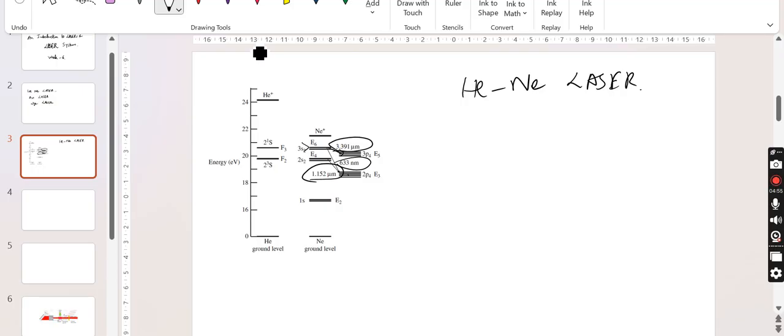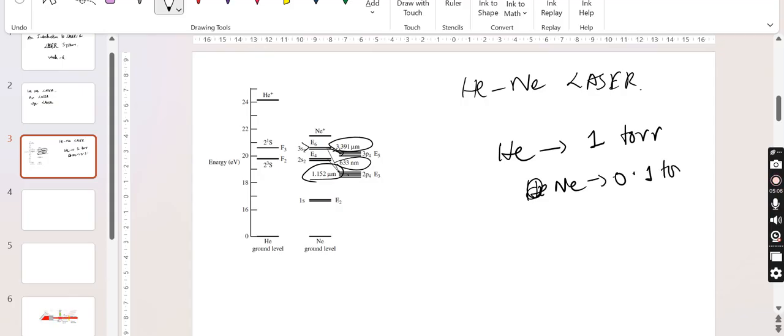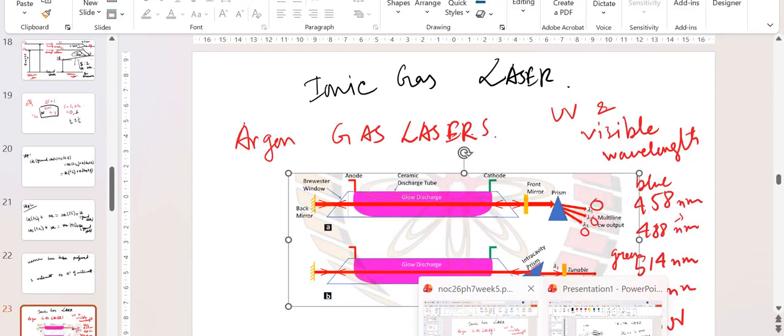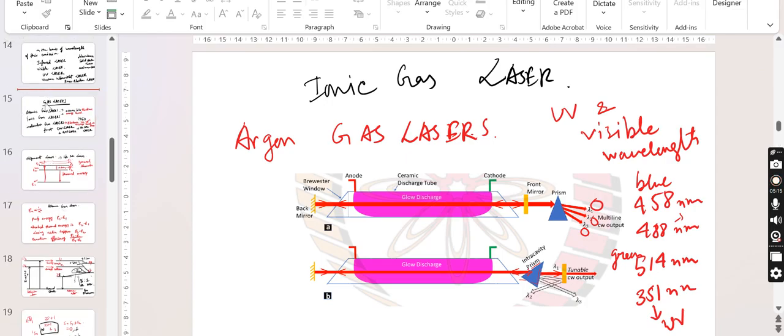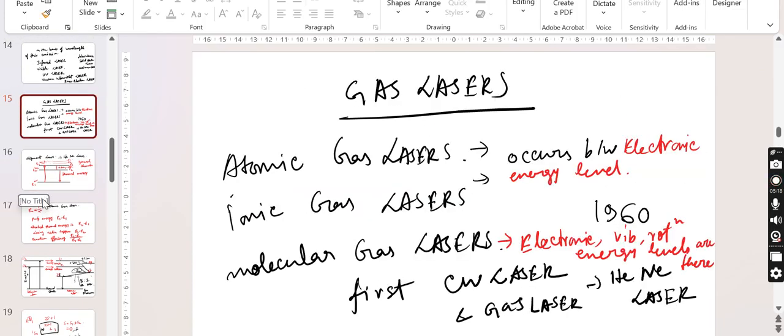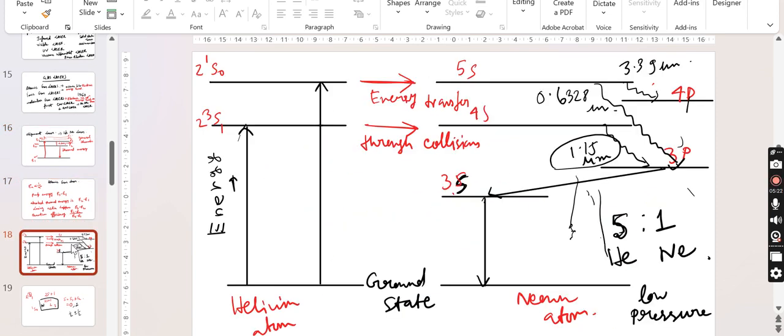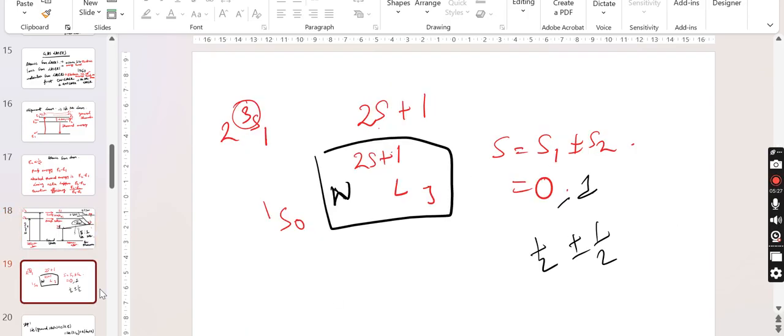Helium is at 1 torr and neon at 0.1 torr, and they are mixed, as I have mentioned, in a 5:1 ratio. This is also the energy diagram I drew that day.